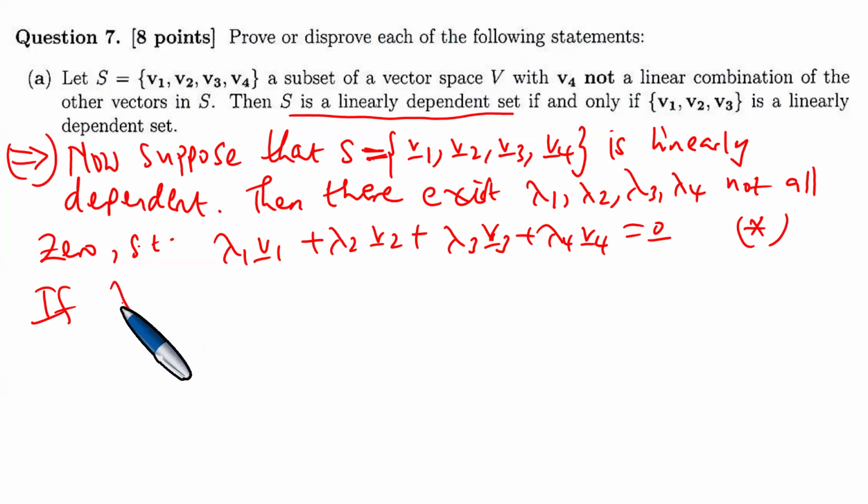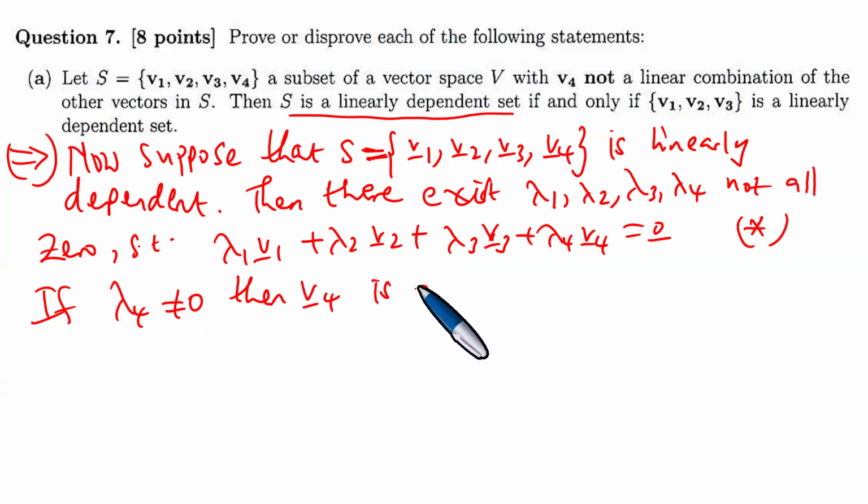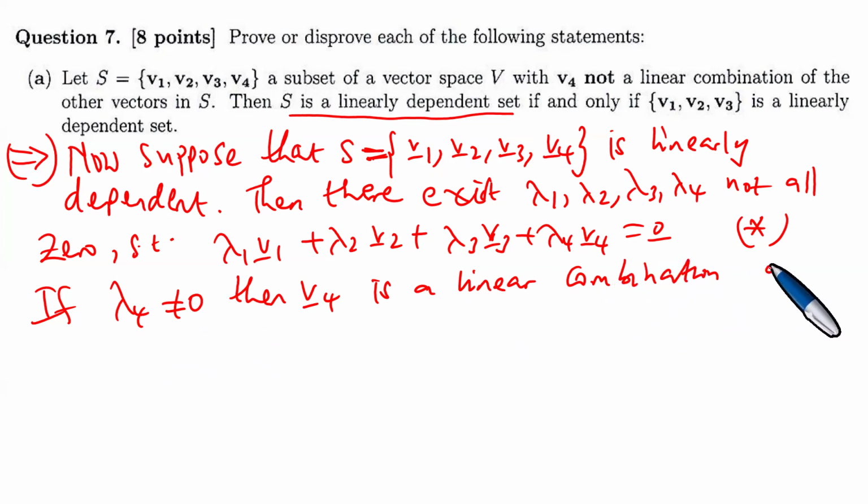And to do that, we're saying if lambda 4, for argument's sake, is not 0, then V4 is a linear combination of V1, V2, V3.